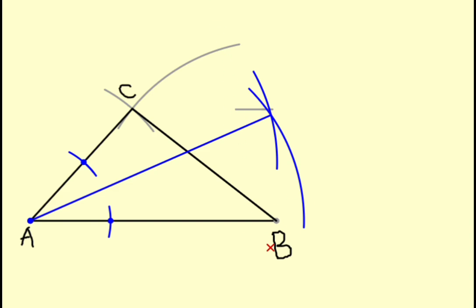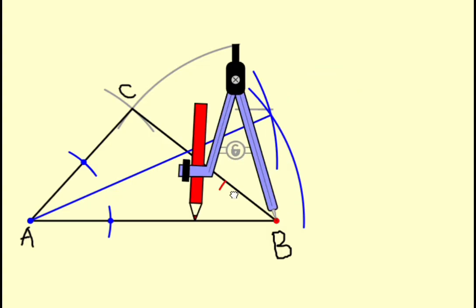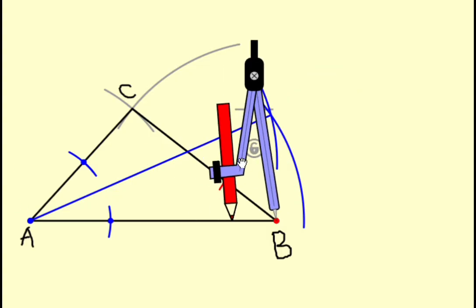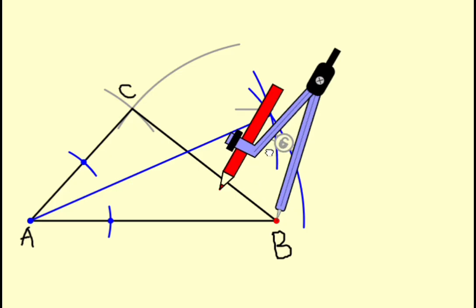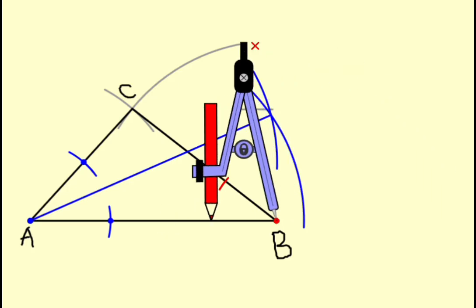I'm going to bisect angle B, the same procedure. Standing at B, using a compass, I'm going to make 2 arcs on the lines. So I'm going to make an arc on BC, and also another arc on line AB. So I lock my compass, make an arc on BC and also on AB.